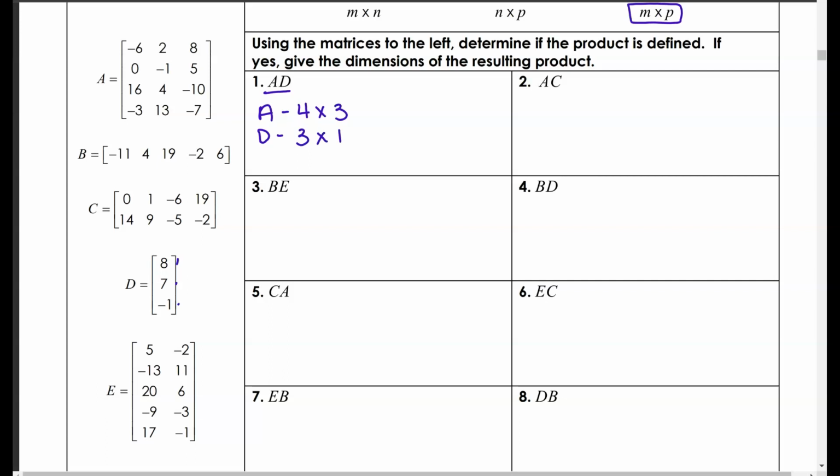If I multiply these in this order, A times D, then I would be taking a 4 by 3 and multiplying it by a 3 by 1. Since the columns in A match the rows in D, we can do this multiplication, and our resulting matrix will be a 4 by 1.